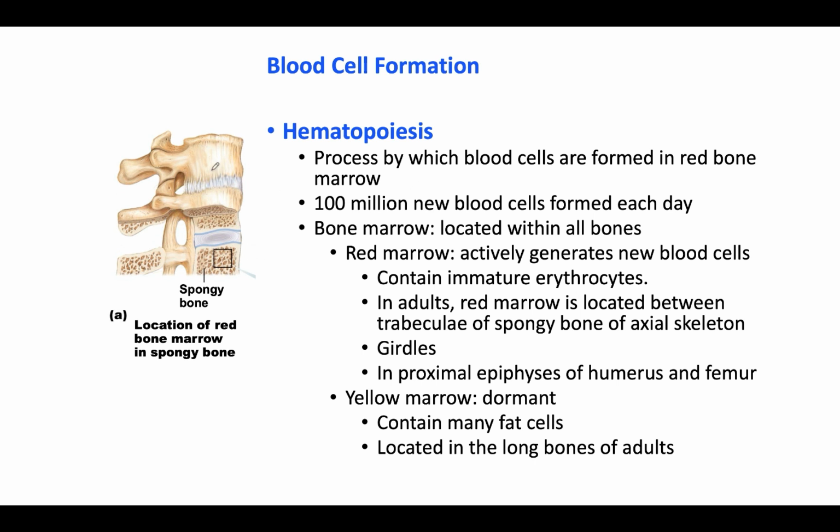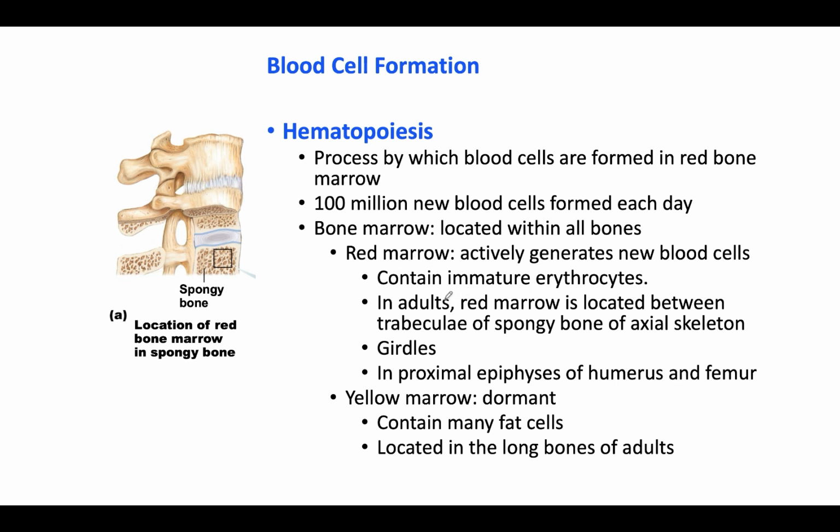Here's bone and bone marrow located within all bones. And there are two kinds of bone marrow, red bone marrow and yellow bone marrow. Red bone marrow actively generates new blood cells.